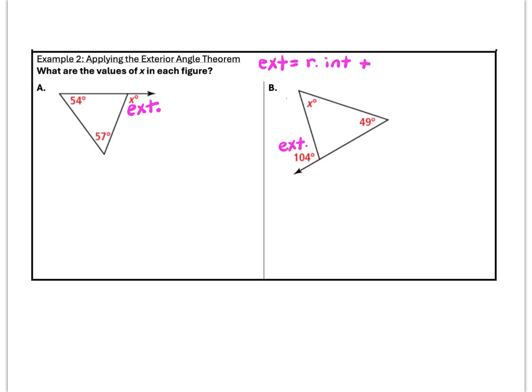So remote interior angle 1 plus remote interior angle 2. Okay, so I'm going to make my equation. So my exterior angle, x, equals the two remote interiors, those two right there. So 54 plus 57, add those together, and you get 111. So x is 111 degrees.